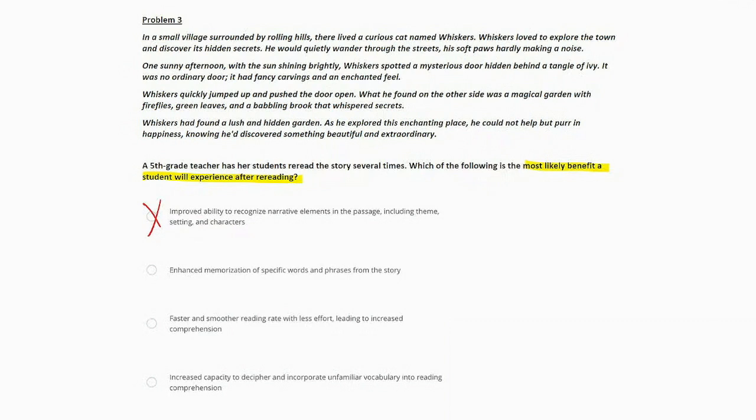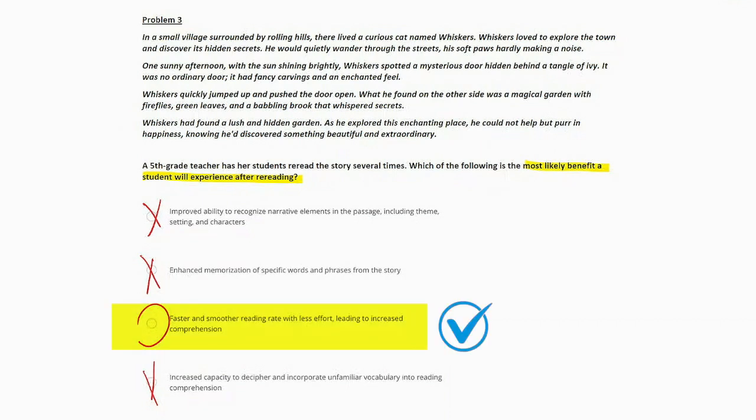While this may be helpful at times, this doesn't have to do with the fluency like our subtopic is focusing on. So we can eliminate choice number 2. Looking at option number 4, while becoming familiar with vocabulary is important with reading comprehension, this does not directly relate to fluency, leaving us with option number 3, a faster and smoother reading rate with less effort is going to be our best answer choice.